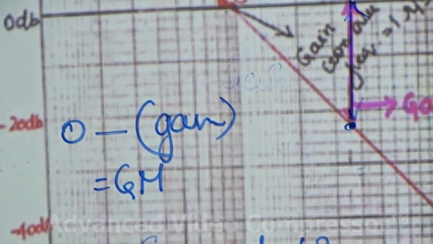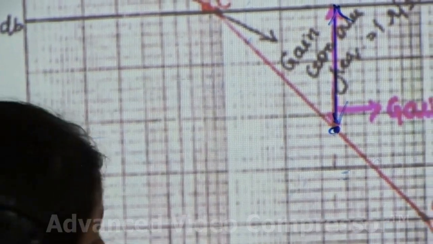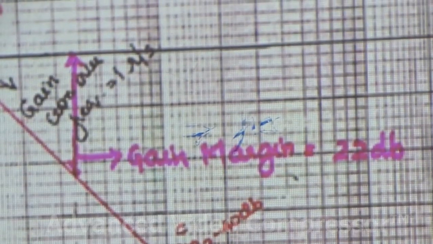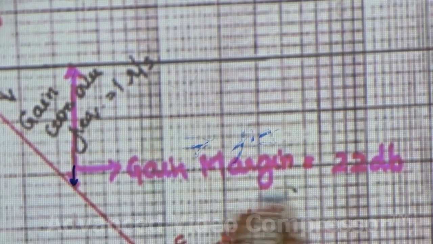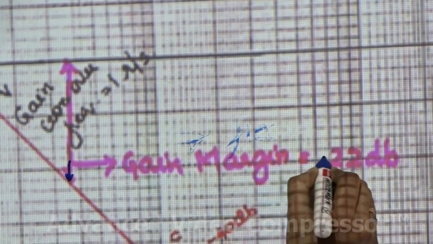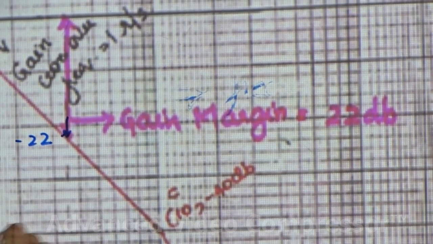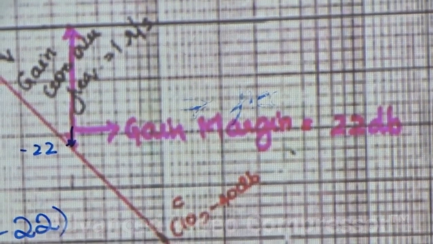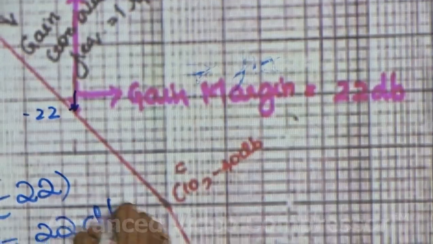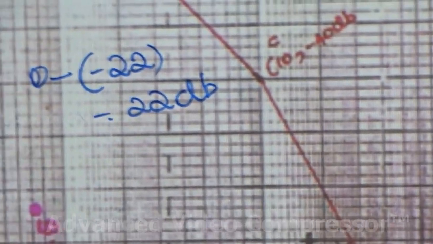Here, what is the gain margin we have got? In this case, the gain we have got is around minus 22 dB. So 0 minus of minus 22 is 22 dB, which is the gain margin. It should be a positive value.